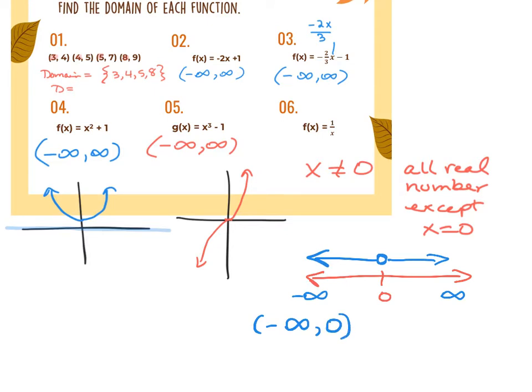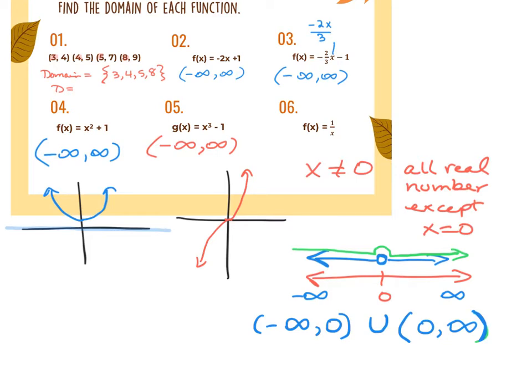It's got a parenthesis around it. Then I jump over the hole and put a U, and then I start up again at 0 and go to infinity. So it's coming along here left to right, jumping over the hole, and then I keep going. You would only put brackets if it were greater than or equal to. And it can't include 0, so that's why it's not a bracket.